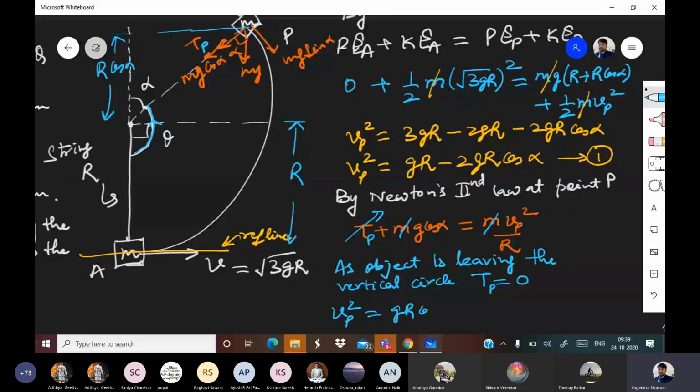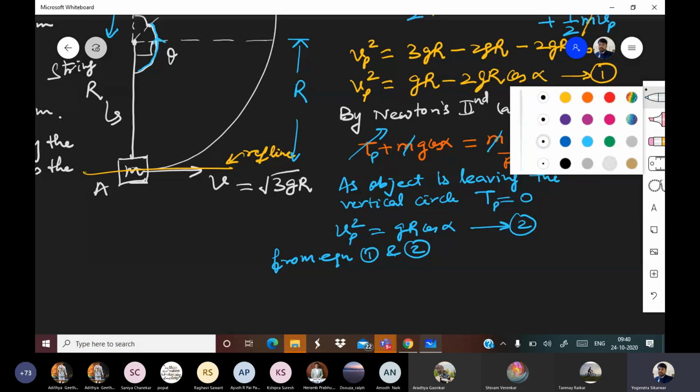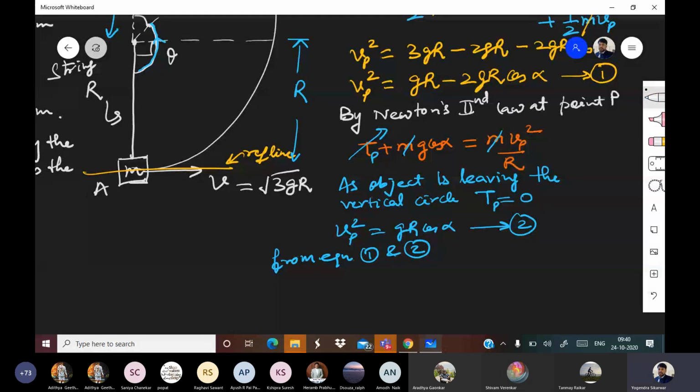Now from equations 1 and 2, let us compare. What do we get? gR cos alpha is equal to gR minus 2gR cos alpha.